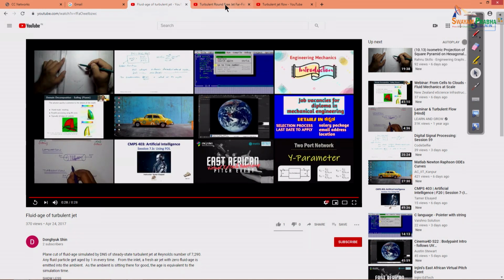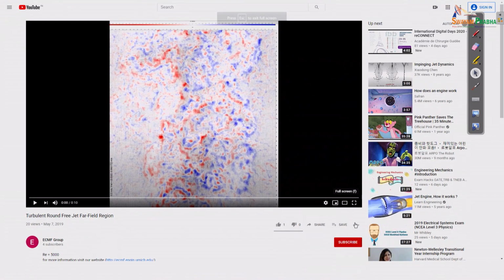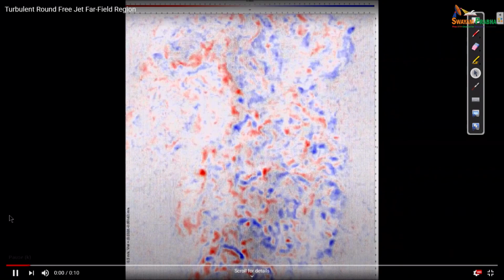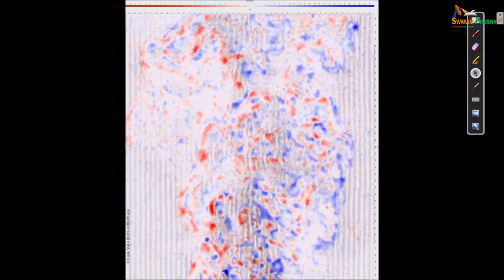So that's the kind of thing that we have here. This is a picture that we have which is farther down, and you can see this is the kind of flow structure it looks like.